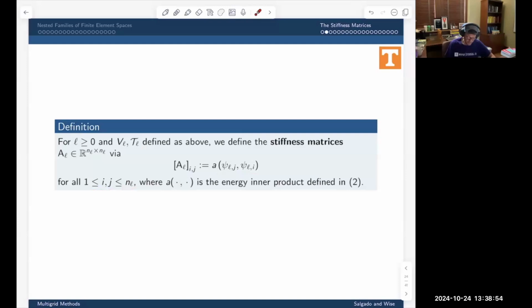So all you do is, if you want to find the ij entry of the A_L stiffness matrix, you're just going to plug in the two basis functions. You're going to plug in the basis function psi_{L,j} in the first position, j goes in the first position, and i goes in the second position, psi_{L,i}.